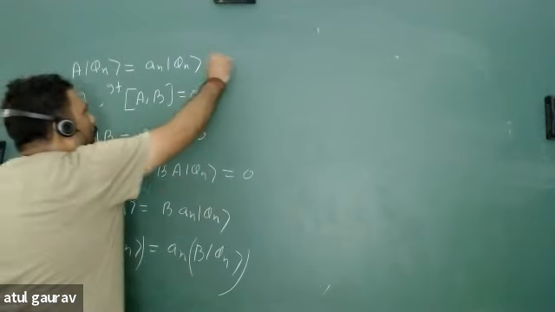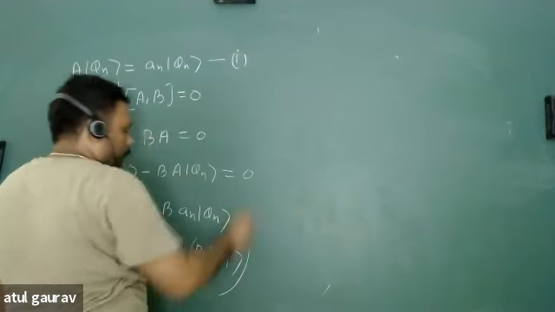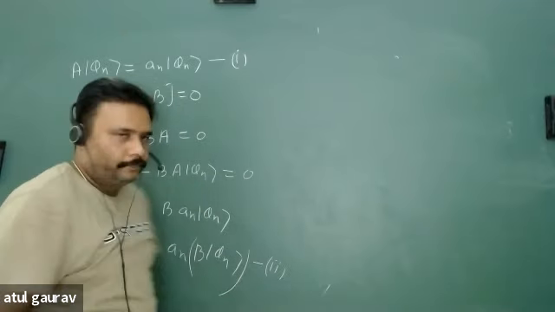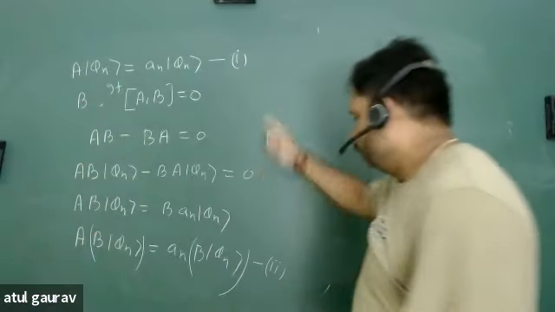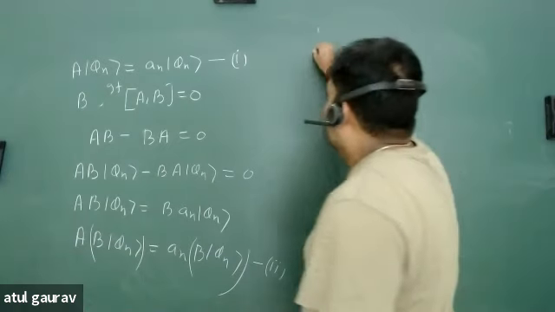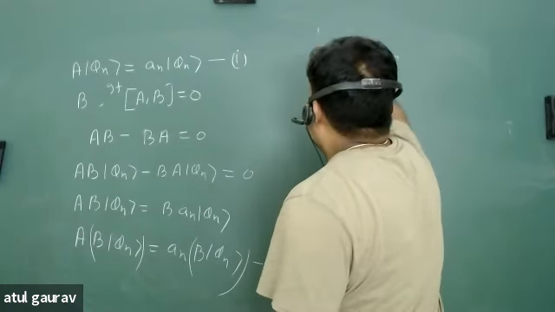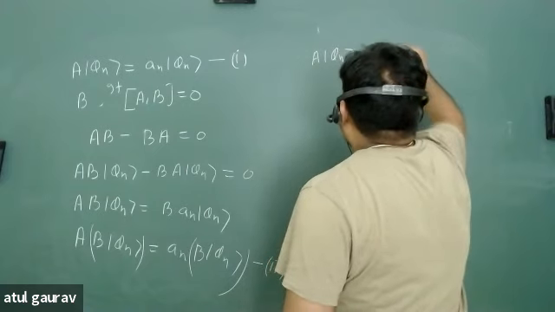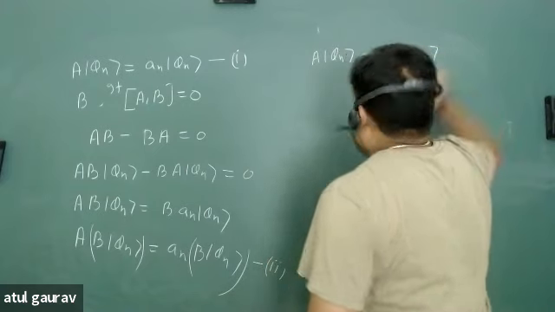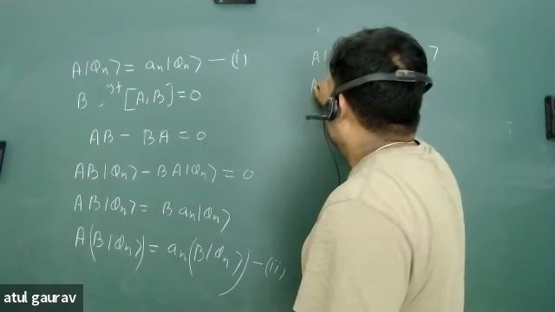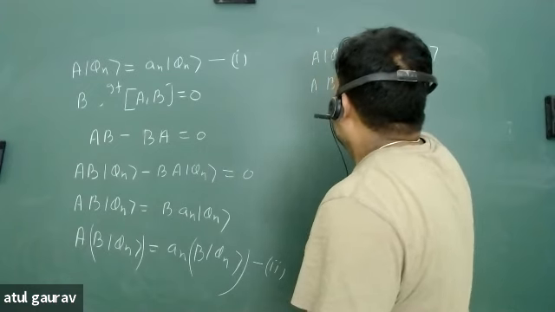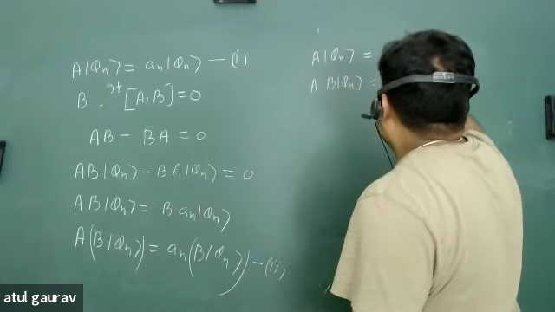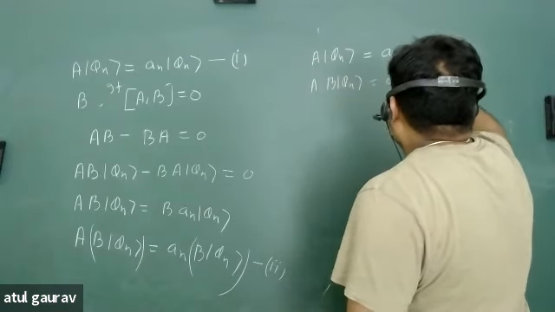Now look at it, you can compare these two vectors. We compare these two vectors, and what can you say? You can say Aφ_n is equal to a_n φ_n, and at the same time what I have, A(Bφ_n) is equal to also a_n Bφ_n.